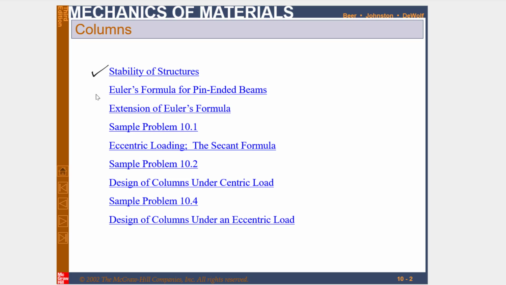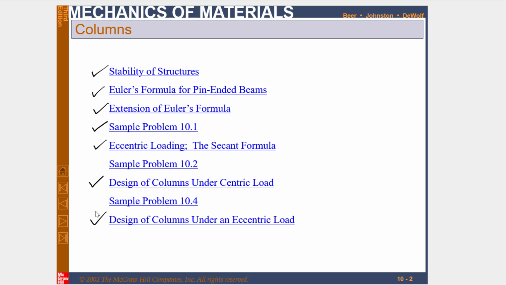Then we will develop Euler's formula for pin-ended beams, its effective length to account for different end conditions, that will be covered in extension of Euler formula for other types of end conditions. And we will discuss sample problems, then eccentric loading, secant formula for analysis of eccentrically loaded columns, and then you will be able to design columns under centric load and under eccentric load.